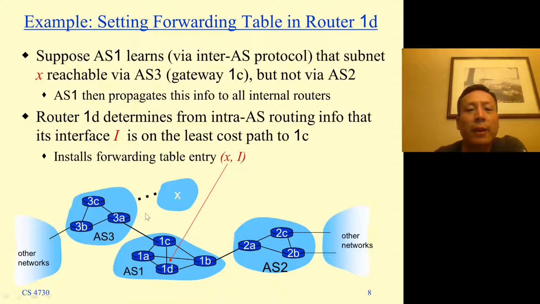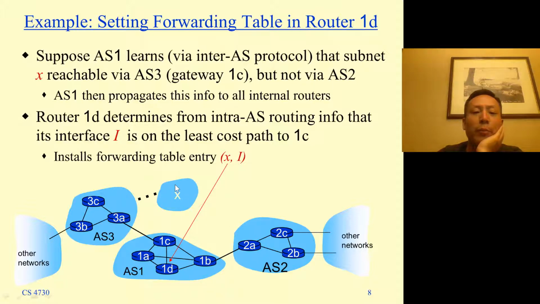By using the inter-domain routing protocol, we know that we have a subnet X with an address range. Somehow through the inter-domain routing protocol, AS3 tells AS1 that AS3 can handle any packet with a destination address falling into this range X. But AS2 will not tell AS1 that it can handle X.